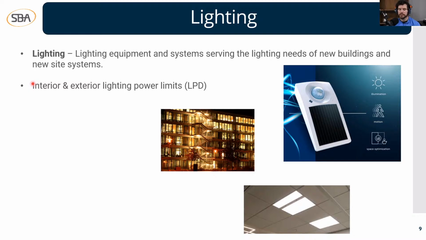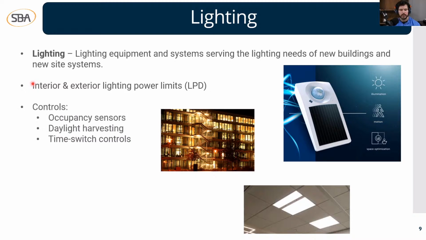So that's really focusing on the maximum lighting power densities. Then our controls, so that's our mandatory lighting controls, which includes occupancy sensors, daylight harvesting, and dimming or dim switches. And also the requirement of LEDs.